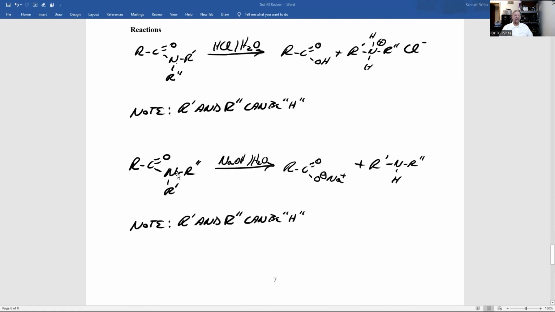Now, if you take an amide and react it with base and water, sodium hydroxide, the carboxylic acid you would have used to make that amide is really the carboxylate anion, since the carboxylic acid reacts with base, but you get back the amine. Now, remember, R prime and R double prime in an amide can be one, both, or none, can be hydrogen.